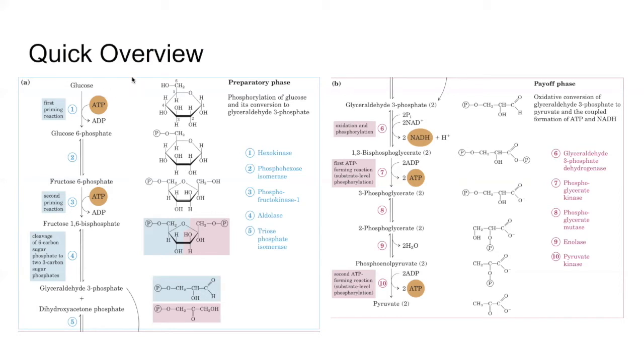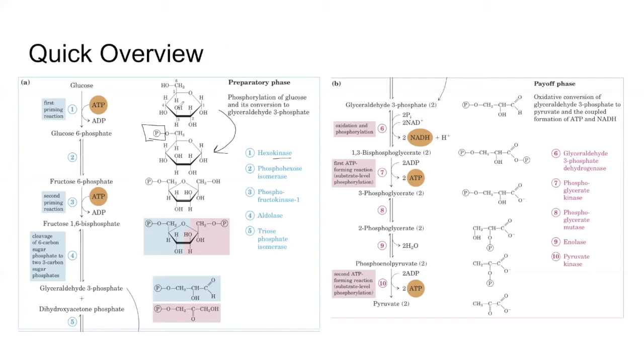So the first step is this part right here, where we go from normal glucose to this next product right here. The first thing you should notice is that the only difference is a phosphate was added. You remember the classes of enzymes that add phosphates are kinases. In this case, the particular kinase is called hexokinase.